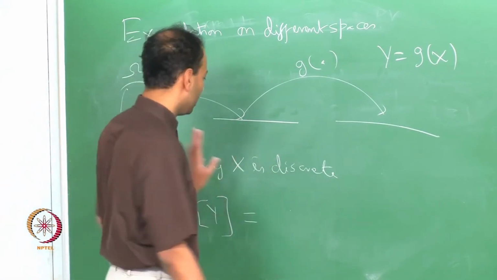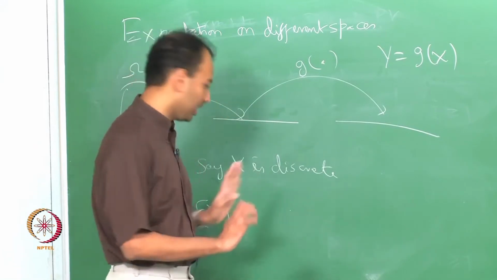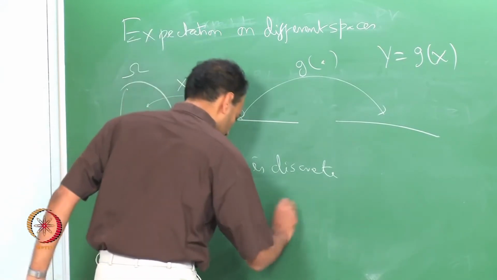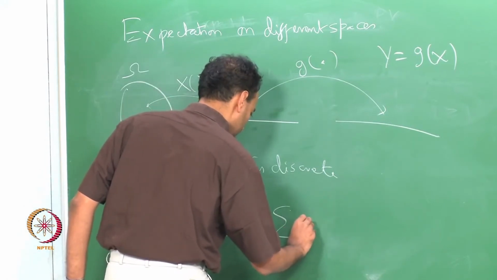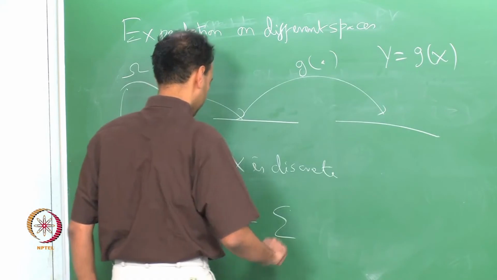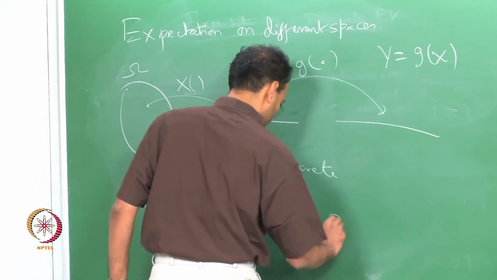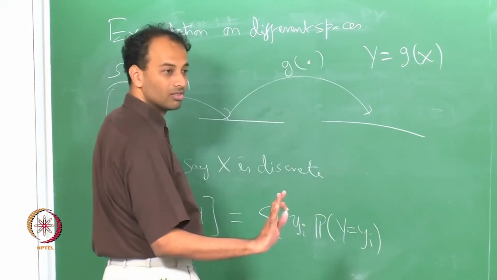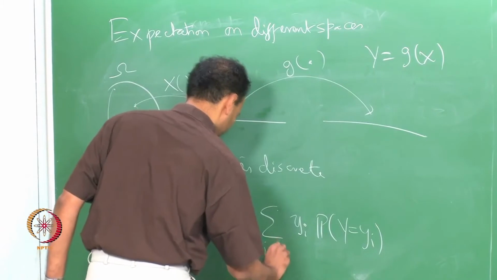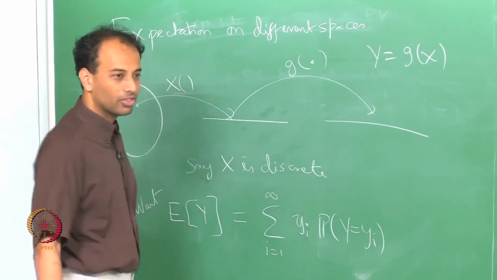Let us say that it is all non negative also, to fix ideas. I want to be able to compute the expectation of y as the sum of y i times the probability that y equals y i, let us say i equals 1 through infinity or whatever. So, this is one way of computing it.